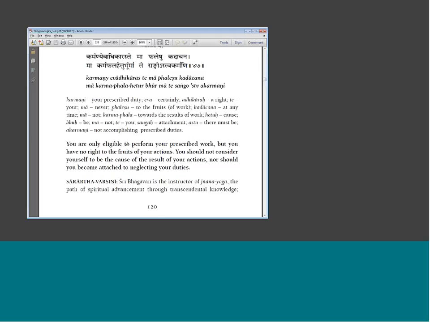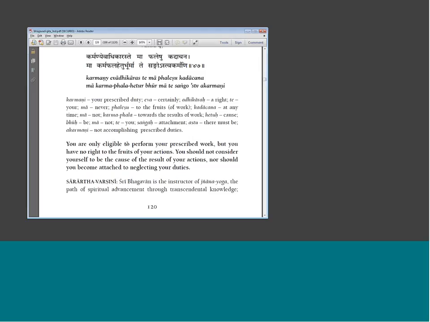What we do now in the present is just a slice of our whole existence. So don't become attached to neglecting. Don't neglect your duties, and don't also think that you own the results of your work.